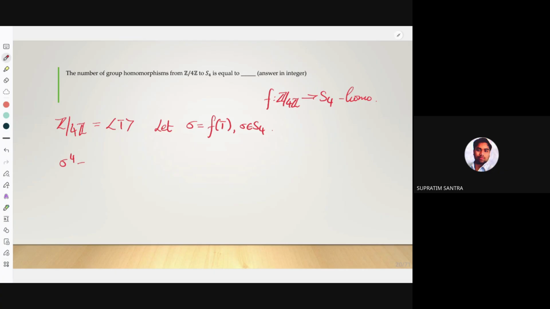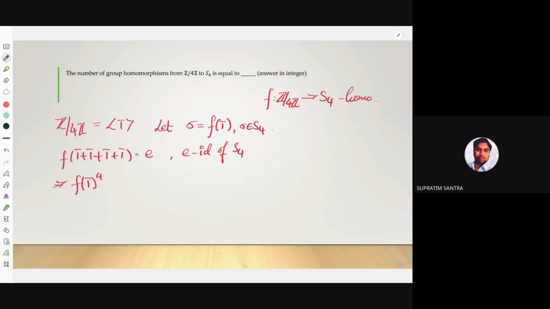So what's the first thing we can get from this? Sigma power 4 is basically f of 1bar plus 1bar plus 1bar plus 1bar, since 1bar has order 4. This is E, where E is the identity of S4. So this becomes f of 1bar the whole power 4.